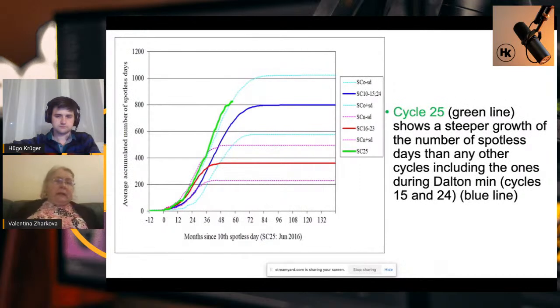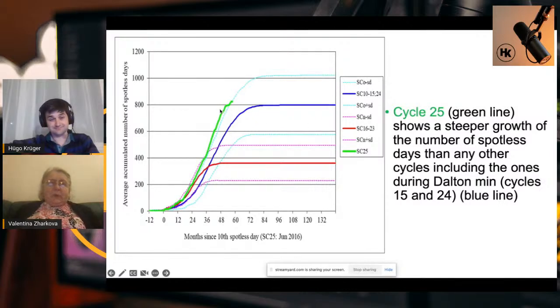So what is happening now? We see here the number of spotless days in the whole observation of solar cycles. The green one is the number of spotless days in cycle 25, which we are in now. And you see that this cycle has a very sharp curve, the sharpest curve of the whole observations.